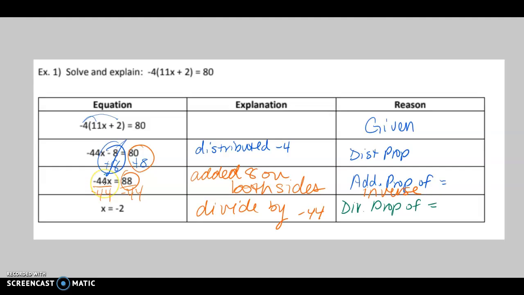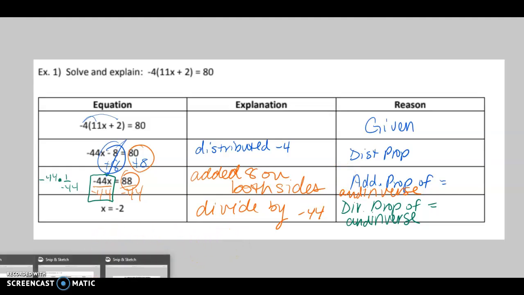And every time you do this, this is -44 divided by -44. So that's really like saying -44 times its reciprocal, which is the inverse property as well. Okay, so for each step of work, you'll show the step and also give a reason for why you're allowed to do that step of work.